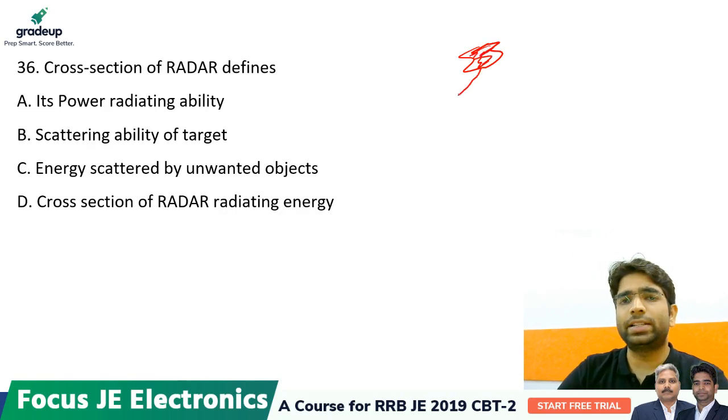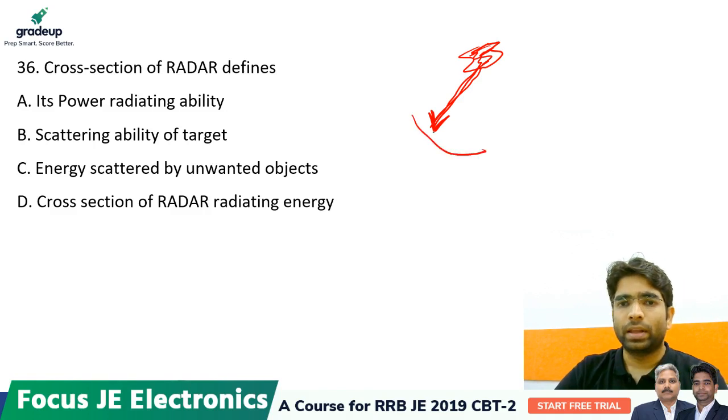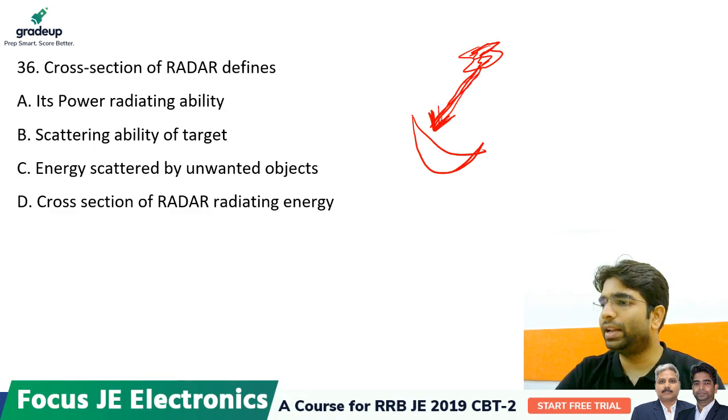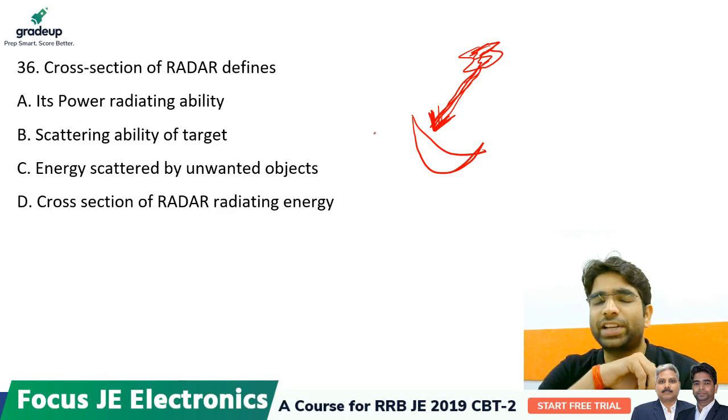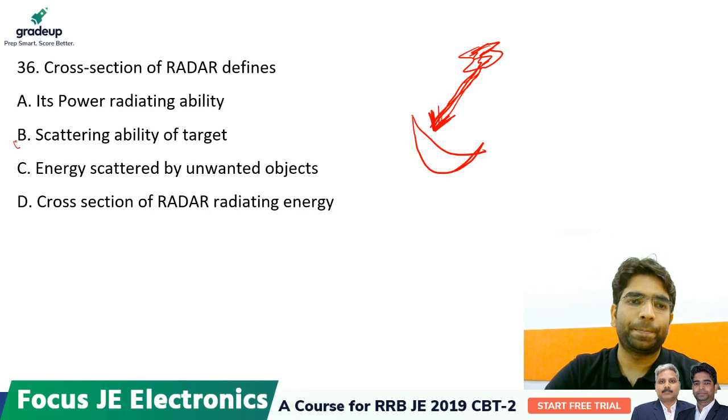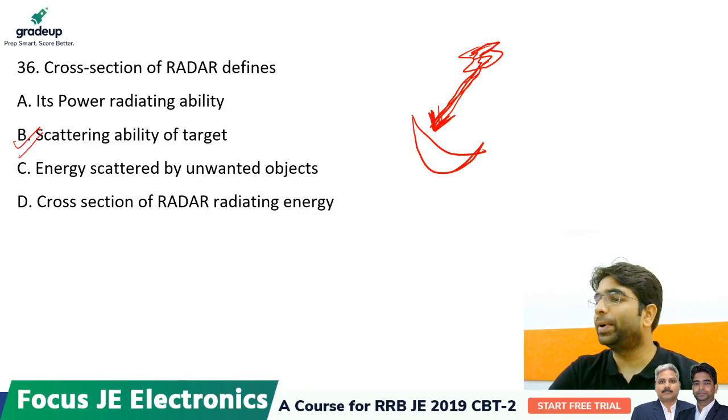If this target reflects back the signal into a particular direction, and the ratio of the signal in this direction is considered, the cross section of radar defines the scattering ability of the target in a particular direction. It will be option B.